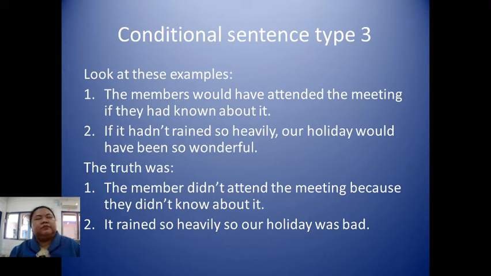So if you go with the present, you will go with type 2. If you imagine something about the past, then you will use type 3. And then the second example: if it hadn't rained so heavily, our holiday would have been so wonderful. The truth was, it rained so heavily, so our holiday was bad.